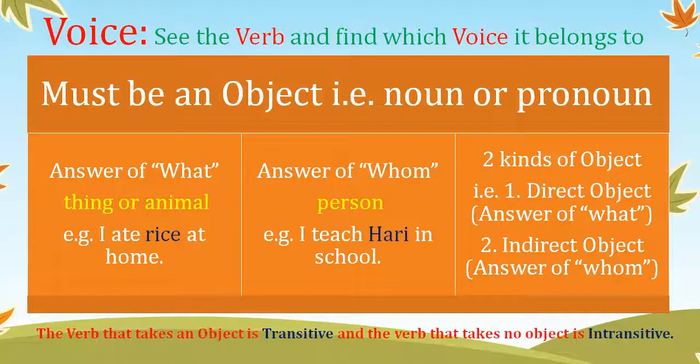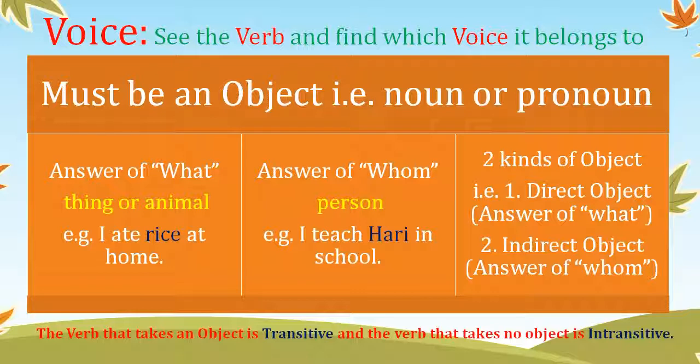Now look at the verb that takes an object. Only if there is an object can we change into passive voice. The verb that takes an object is a transitive verb, and the verb that takes no object is an intransitive verb. That is what we have to understand.